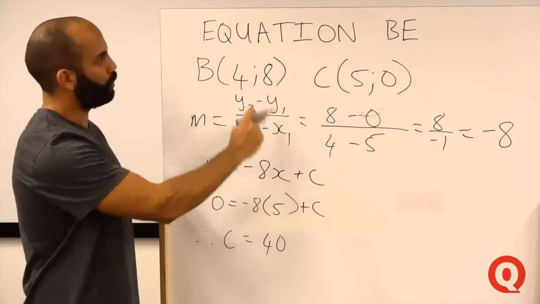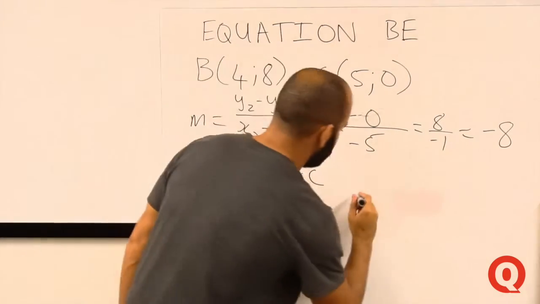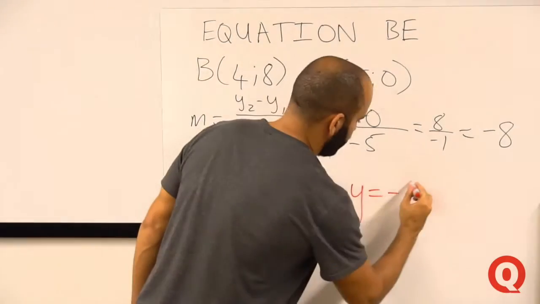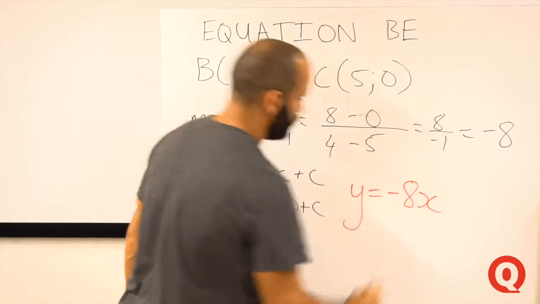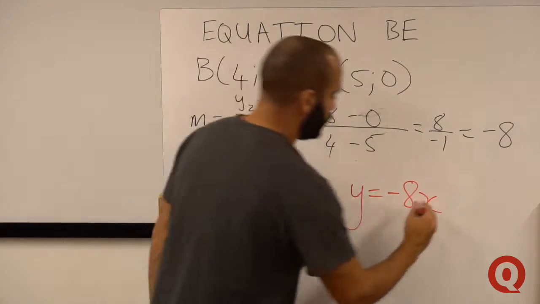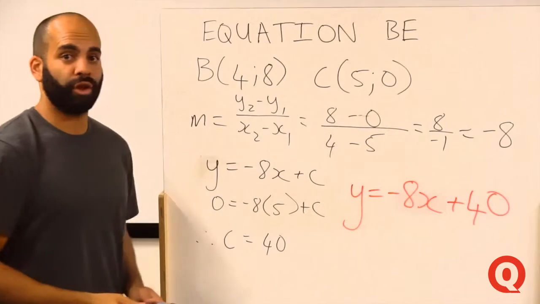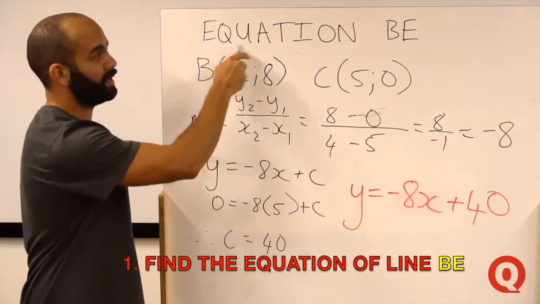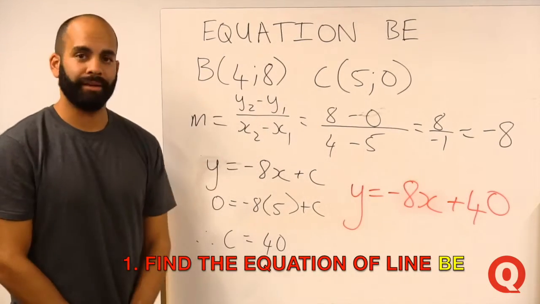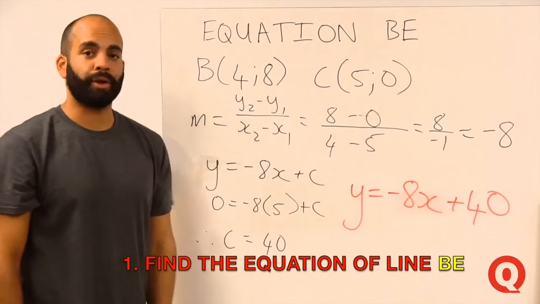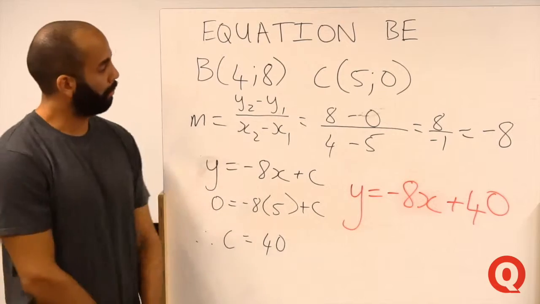So the equation for the line BE would be y is equal to negative 8x plus 40. And there you've solved the first bit of finding the equation for BE by simply using the coordinates B and C because they lie on the same line.